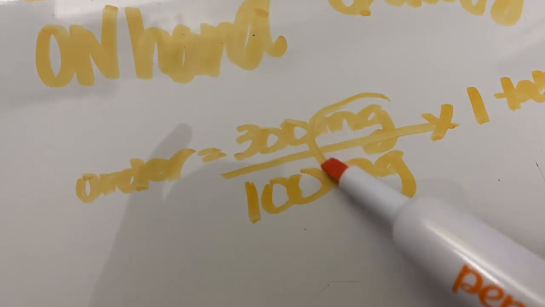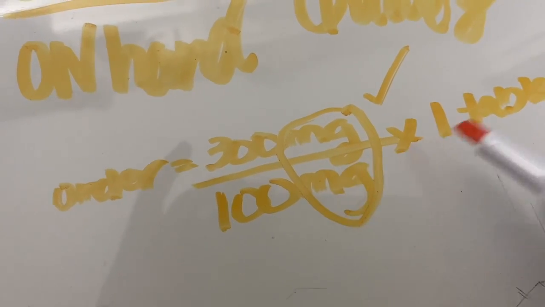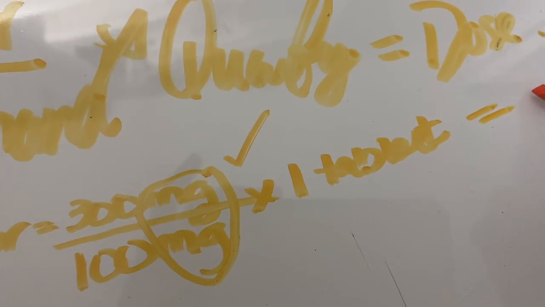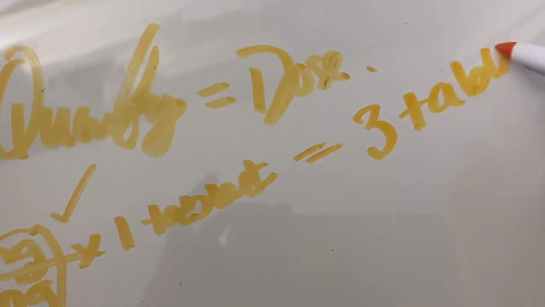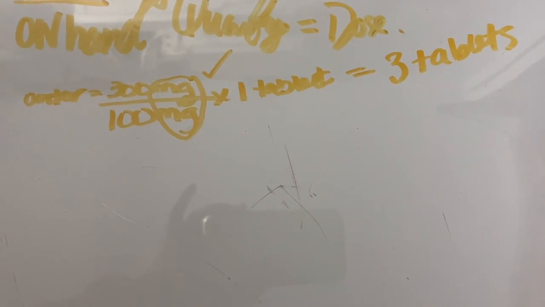So 300 divided by 100, and remember that it is the same, milligrams over milligrams. So your answer is going to be 3 tablets. And that is your answer right there.